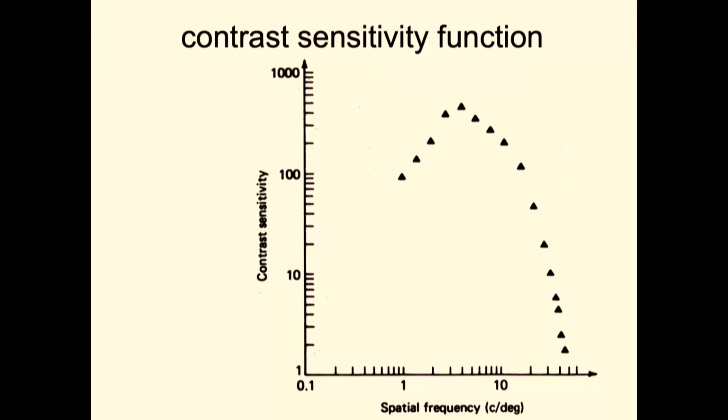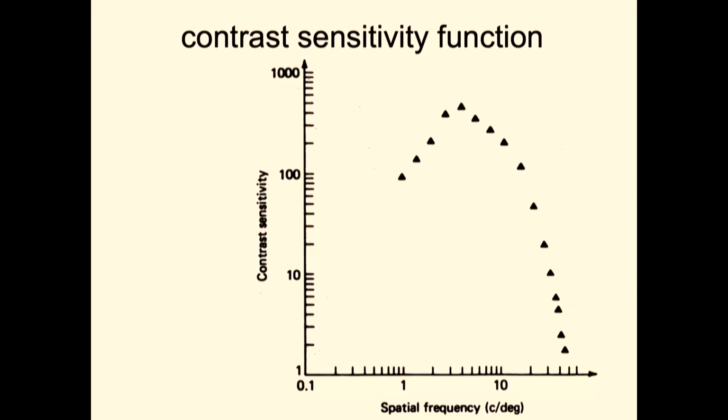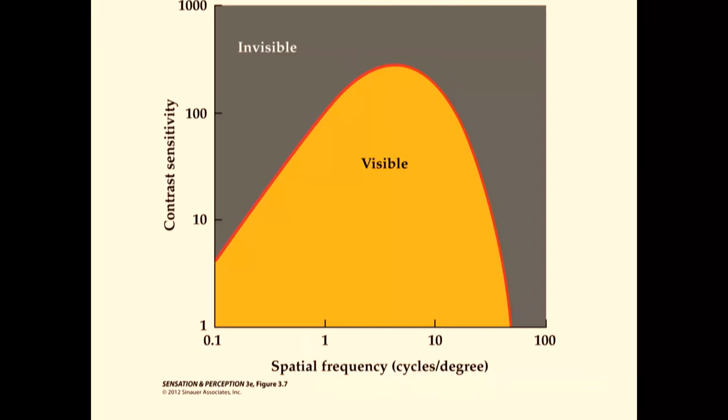And you can see that your sensitivity is highest at these medium spatial frequencies, like 3 or 4 cycles per degree, and then gets lower if the spatial frequency gets lower, and higher if it gets higher. That corresponds to what you saw in that image that we just demoed. The consequence is that you can see the image variation in this region, and even though there is physical luminance variation up here, that is invisible to you.